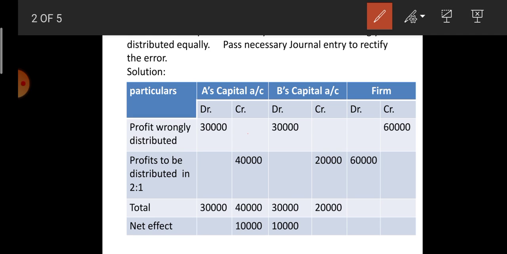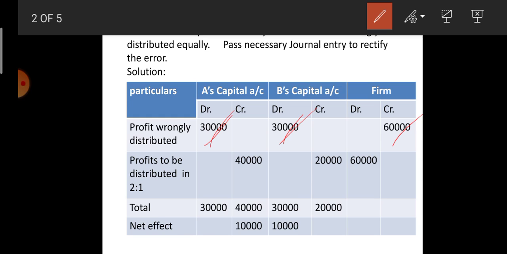When we distribute it, we record it on the credit side, but to rectify that error, now we will debit the partners' capital accounts. So A and B, in the working notes in the analytical table, we will debit the partners, and because of that the firm will be credited.